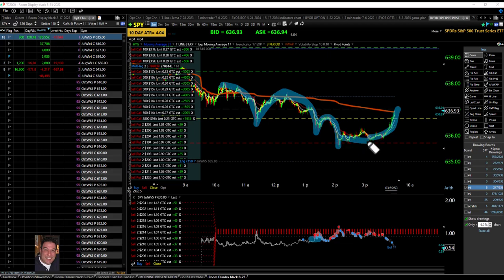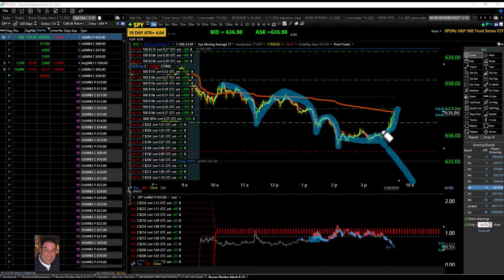I was looking for price to make another move to the downside, but after I caught the double bottom, I had a good hunch price was probably going to head back up to VWAP, only because FOMC is coming out this Wednesday, and I think the market is excited about the possibility of a rate cut. They're all anticipating that rate cut.